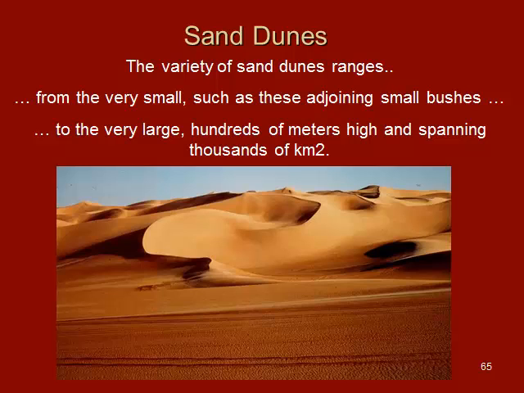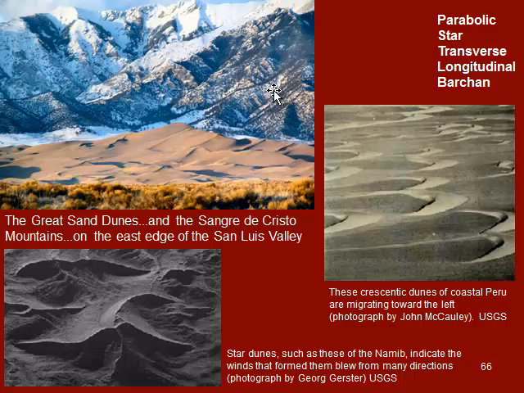But we also get the deposition of the sand in the form of dunes. Depending on how much sand supply you have, if there's bushes present, you might have pretty small amounts of sand, so you have small dunes present. If you have a lot of sand, you're going to have big, wide expanses like you see here. And you have lots of different kinds. Your book goes into the various types of dunes.